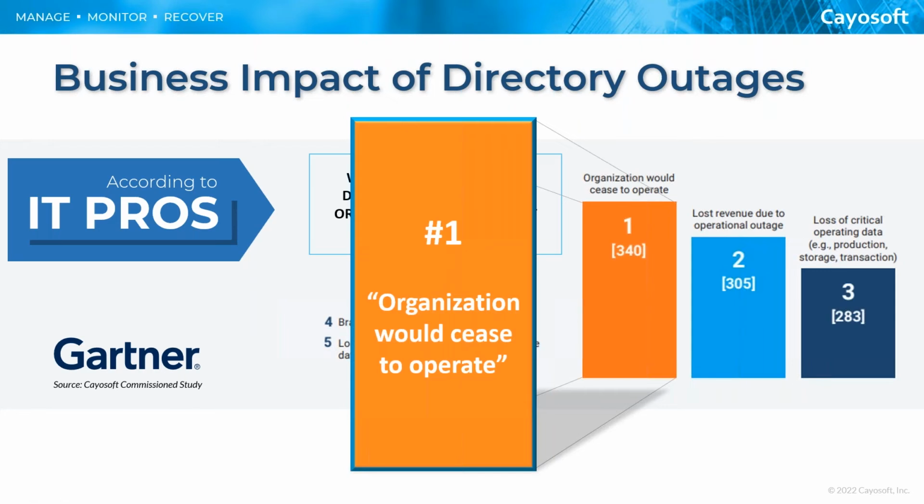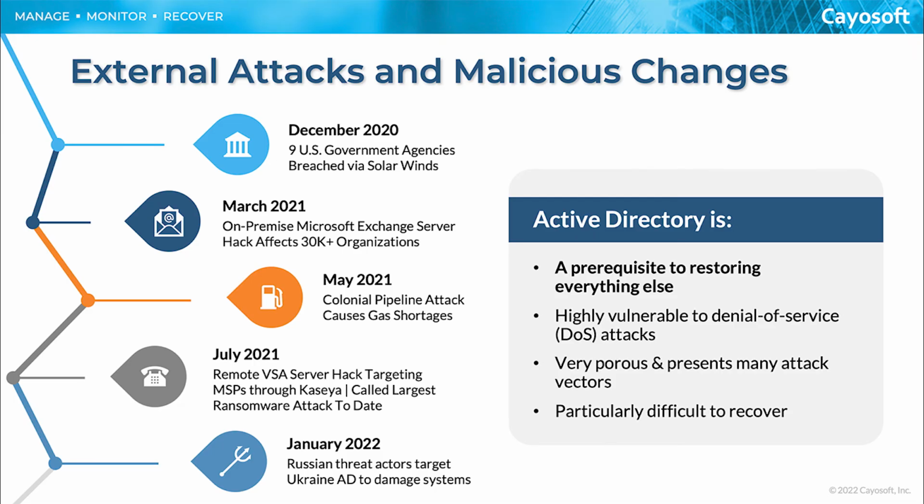And so effectively, all of these good folks who had lots of experience in our industry for many years said that the number 1 problem with directory outage is that their organization would cease to operate. And that sounds pretty dramatic, but in reality, it's true. It does happen. And unfortunately, the number of cyber attacks in particular is not slowing down, it's increasing.